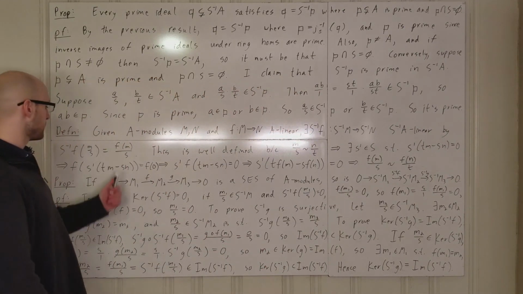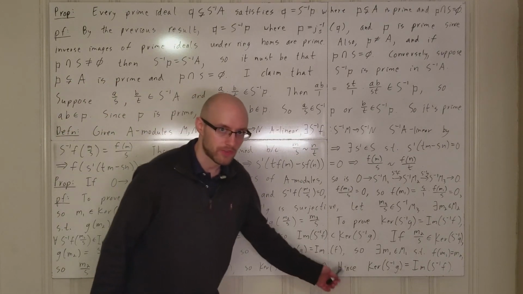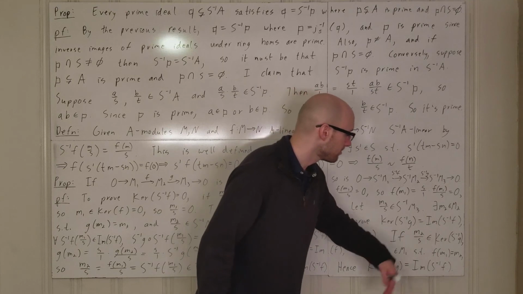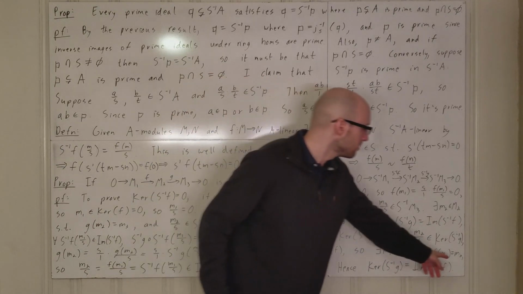But because this is a short exact sequence here, the kernel of G is the image of F. So M2 is in the image of F, meaning that there is some M1 in capital M1, which will map under F to M2.